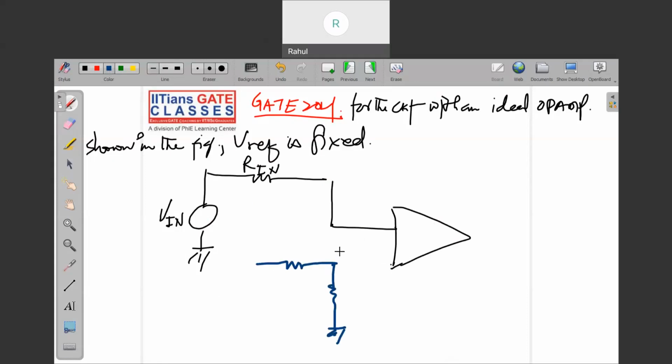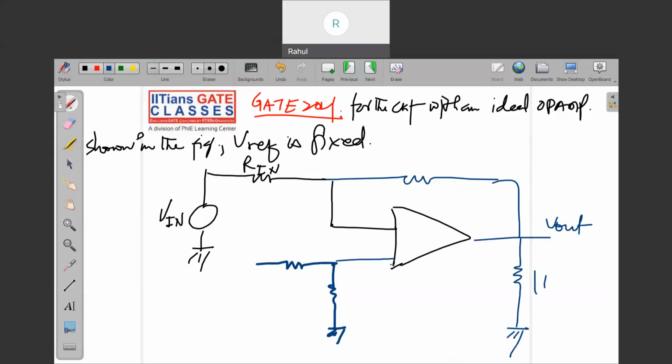This is given here. There is a resistance connected to it and there is a V out. Whether you draw the load or not, it does not make any difference. 100 ohm RL. As I said, the output is independent of this load. So there is a Vref again.